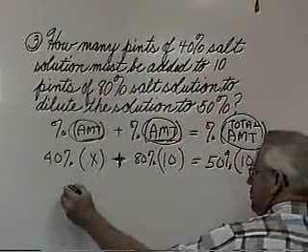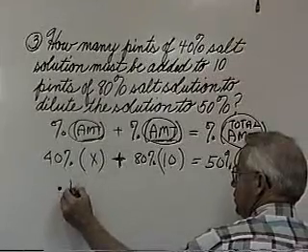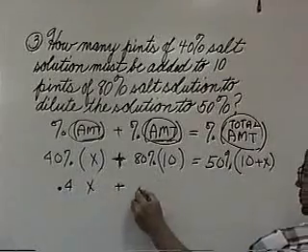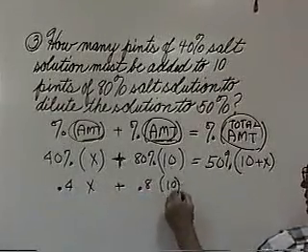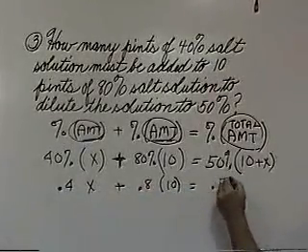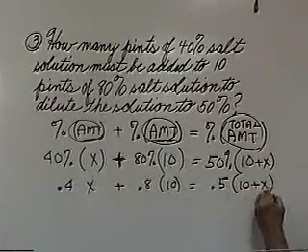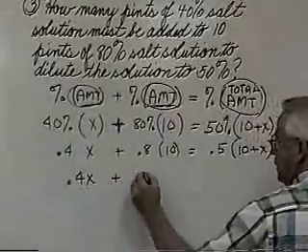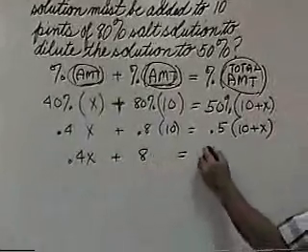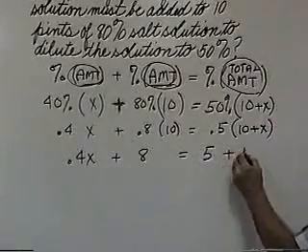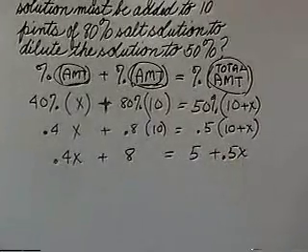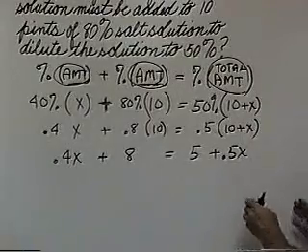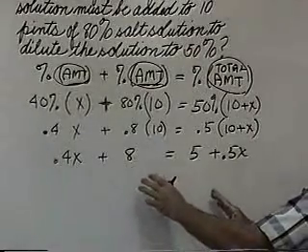All right, finishing the problem. 40% changed is 0.4 times X. This is 0.8 times 10. This is 0.5 times 10 plus X. So this is 0.4X plus 8 is equal to 5 plus 0.5X. And now we're back to solving linear equations. So how do we do that? Well, we get all the x's on one side and the numbers on the other side.